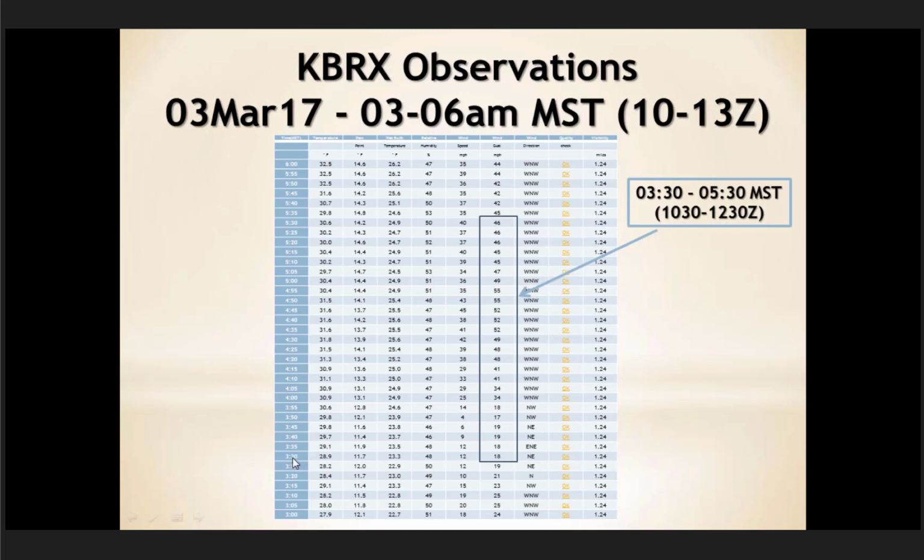So here's a close-up view of the winds. We'll start here at 3:30 a.m. or about 10:30 Zulu, and then time increases as you go up. So initially, winds here at the Bordeaux site were about 12, gusting to 18 miles an hour, again out of the northeast. And then as that mountain wave approached, you can see a quick speed increase as well as direction change.